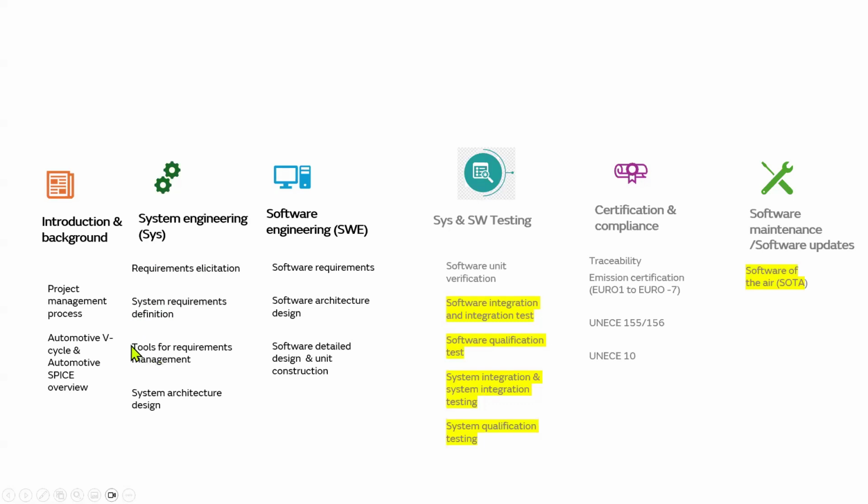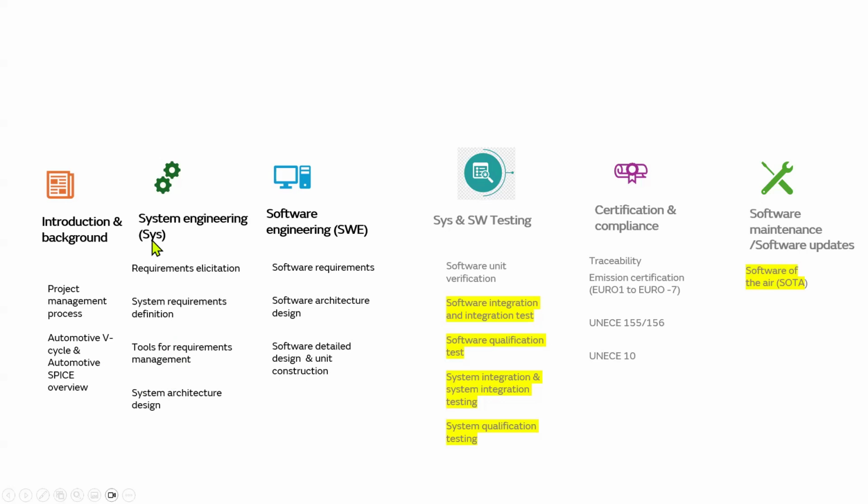And then I talk about the tools required for requirement management. And then I mentioned a couple of tools like DOORS, MSOSA, and Simulink, as tools which I showcased. And then I move into the system architecture design.